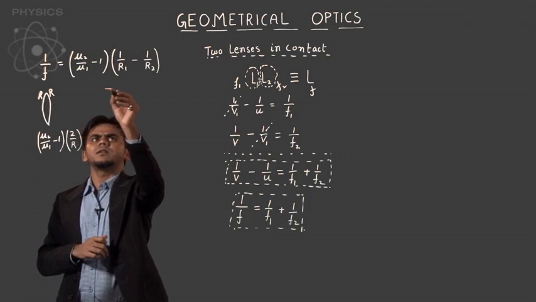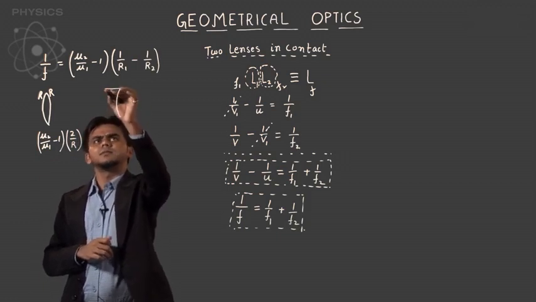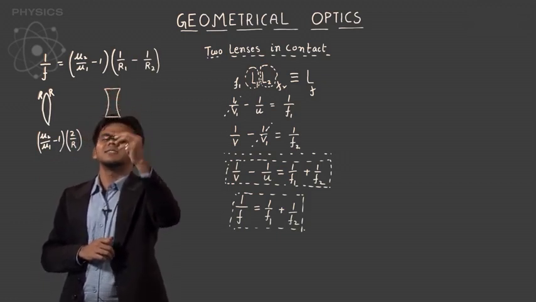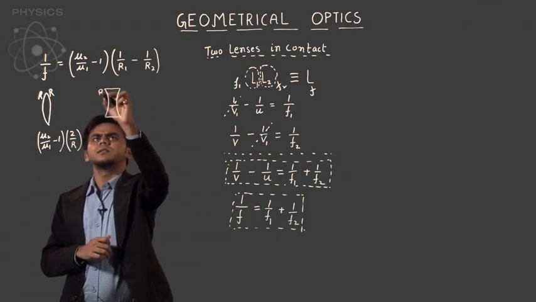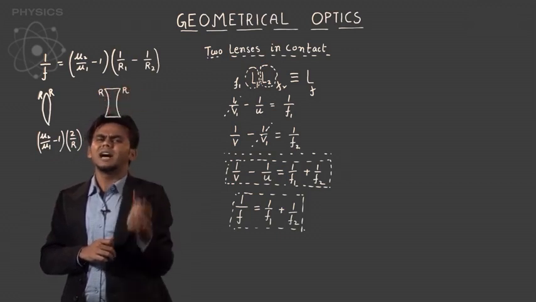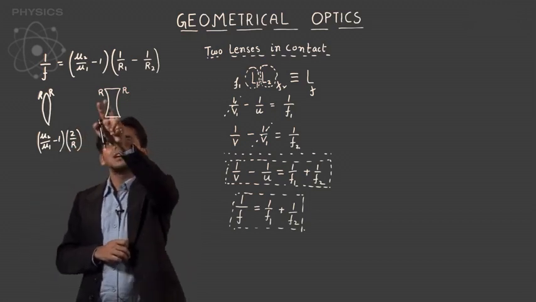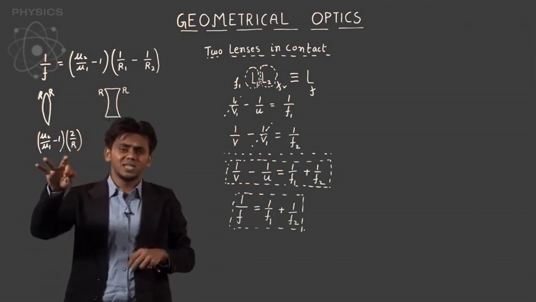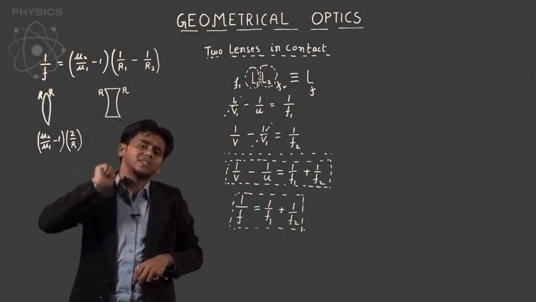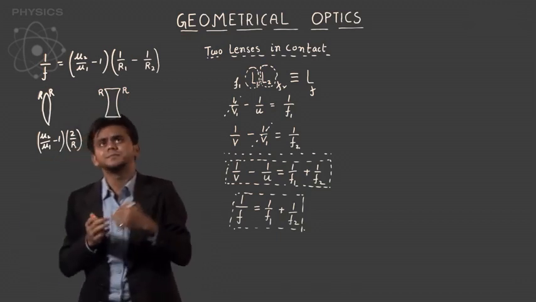Let's say you have a biconcave lens. And even these two would have similar R values. The catch over here is to understand that these R values would be positive in this and negative in this. Let's try to understand that.